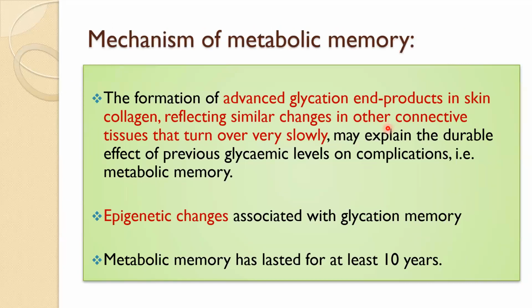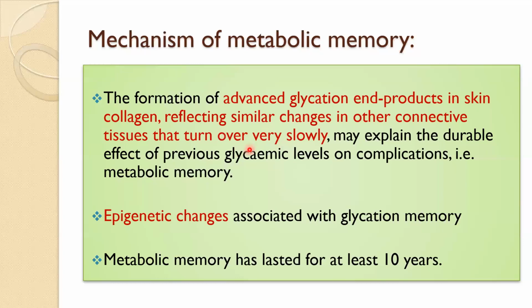A number of postulations have come up, one being the formation of advanced glycation end products. If you have a persistent hyperglycemic environment in the body, we have accumulation of these advanced glycation end products that form on the various cell membranes in the organs, especially the eyes and the kidneys.